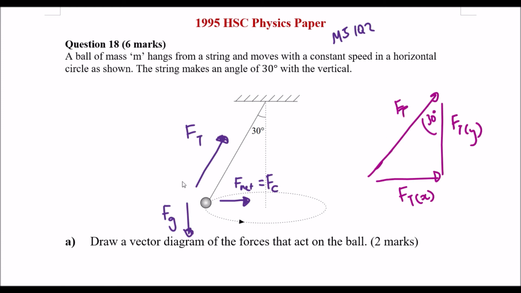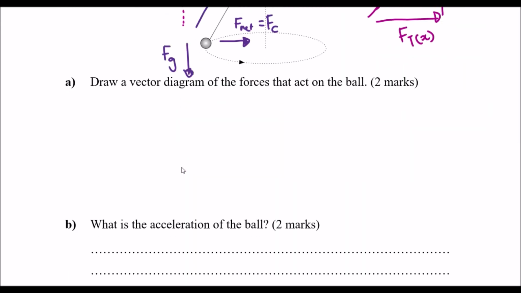Okay? The vertical component is cancelling out the gravitational force, hence why it's able to spin horizontally exactly. And so the remaining unbalanced force is our tension force in the horizontal direction, and that is the origin of our centripetal force. So there's that.